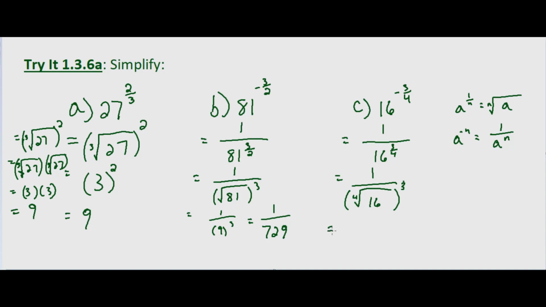Well, the 4th root of 16 is simply 2, because 2 to the 4th equals 16, so this equals 1 over 2 cubed, which equals 1/8.